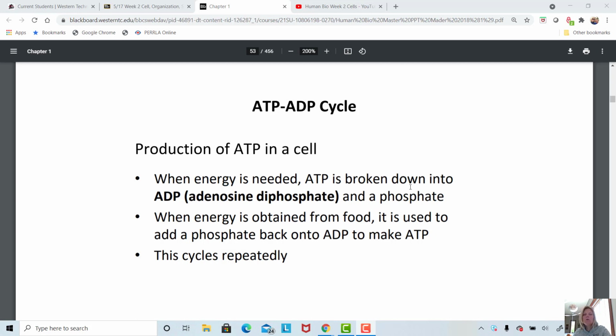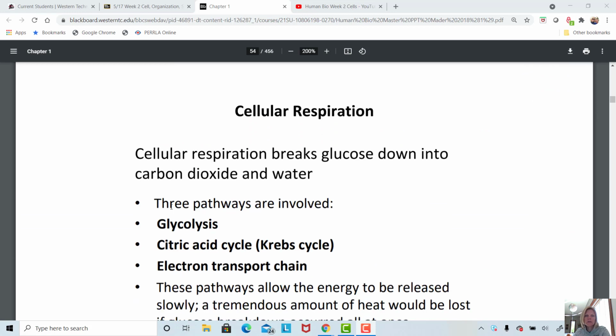Whenever we remove a phosphate from ATP, we're releasing energy. When we add a phosphate to ADP, we're storing energy. So we have this constant cycle of making ATP and breaking down ATP, depending if we need to store energy or if we need to release energy.